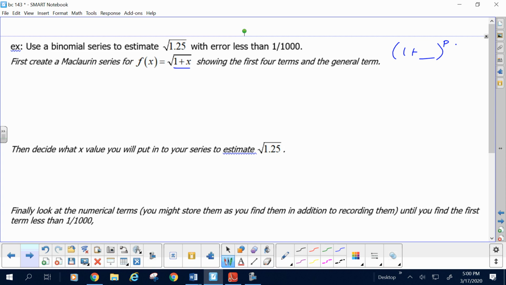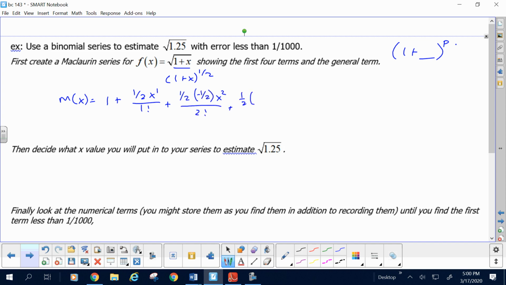So if I were to try and do this up top, this looks like what I did up there with a power of 1/2, yeah? So my Maclaurin might be something like 1 plus, instead of p like we had above, it'll be 1/2 x to the first over 1 factorial. And then it's 1/2 times a power less, so negative 1/2 x squared over 2 factorial.